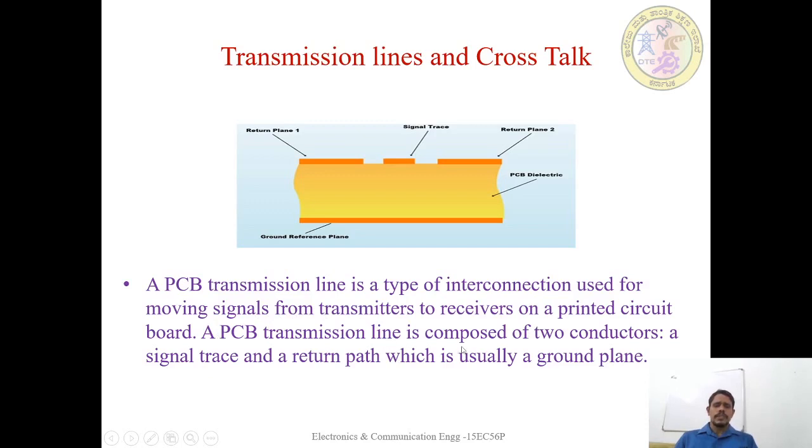It is composed of two conductors, a signal trace and a return path, which is usually a ground plane. This is a signal carrying conductor, the signal trace, and this is the return path. And this one also is a return path. These two return paths are somewhere connected to this main return path. Therefore, this is a signal carrying conductor, and these three are return paths.